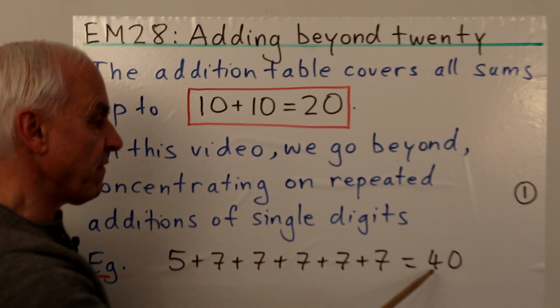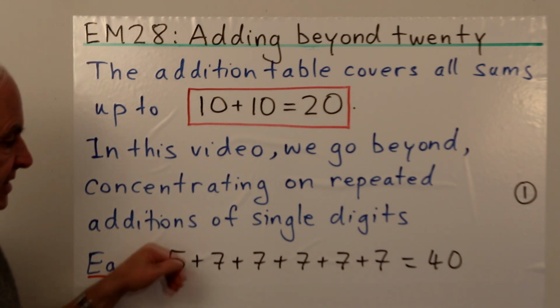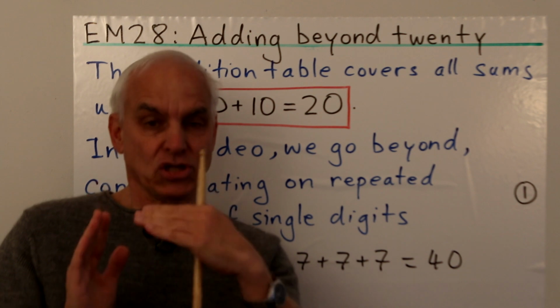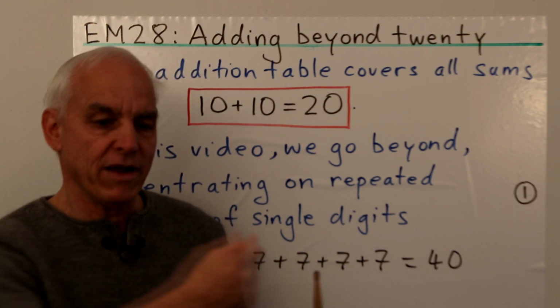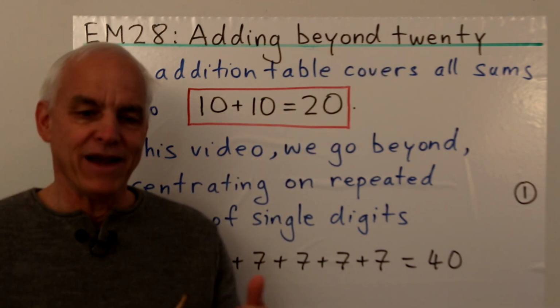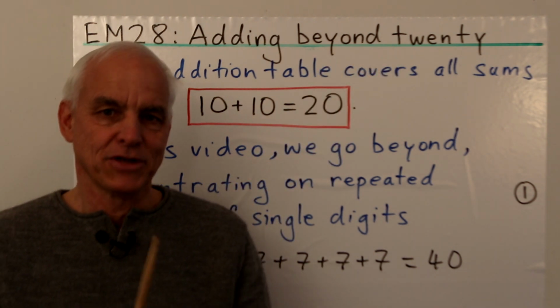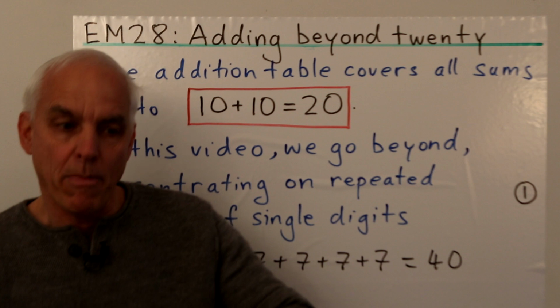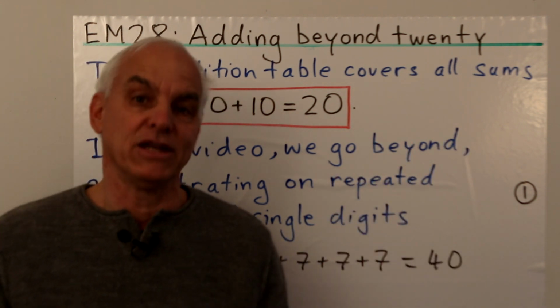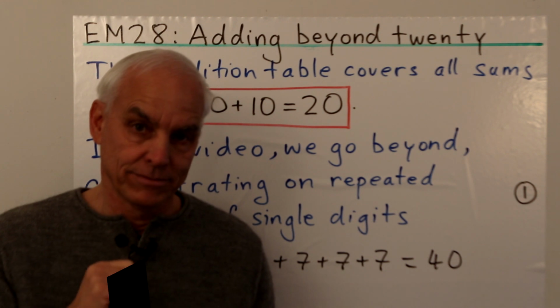Plus 7 is 40. Okay, so this sequential aspect, at each stage we're essentially using the basic addition table, but we're involving a wrapping around, which is really going beyond 20. So this is an essential technology upon which our subsequent understanding of more complicated addition is going to rest.